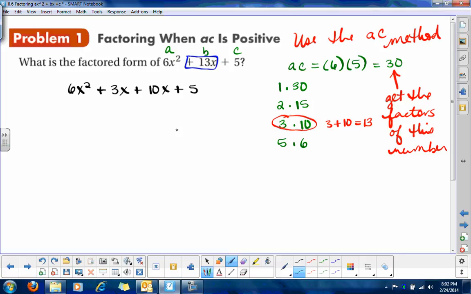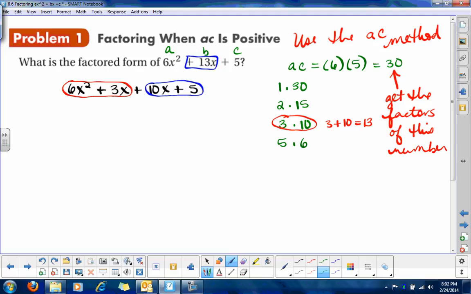Okay, so now you have two binomials if you just group them together. So we're going to group those two together, and we will group these two together.